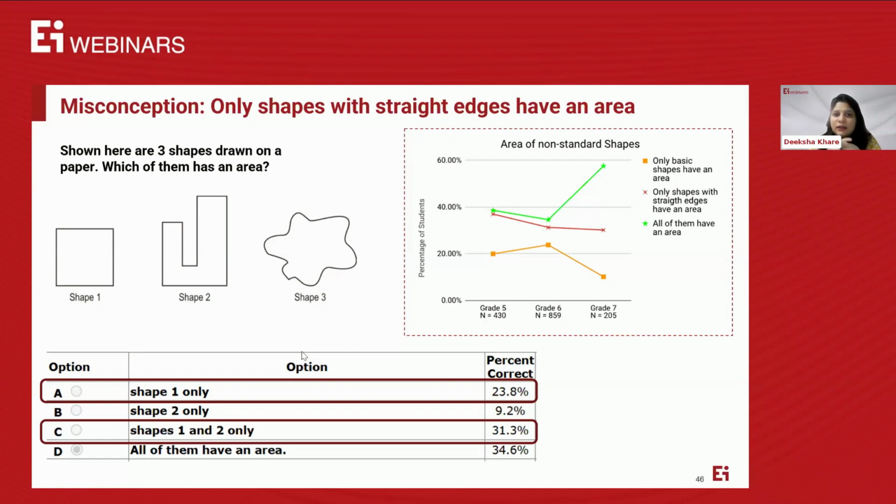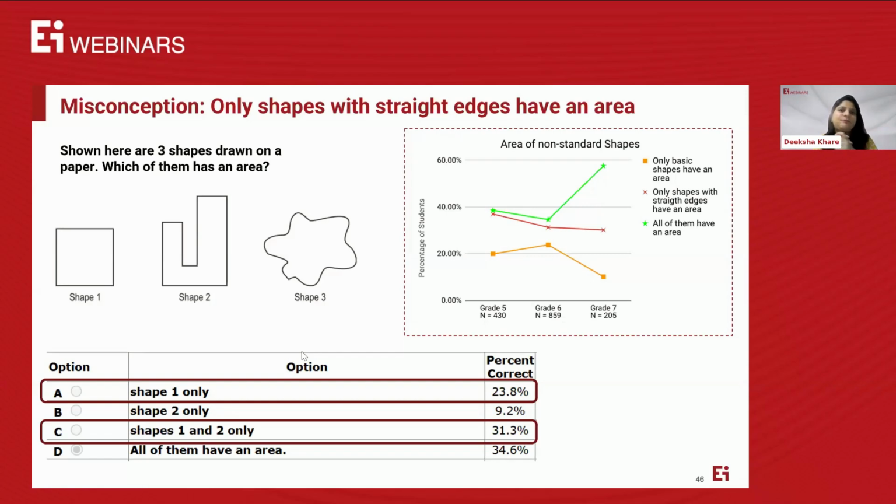Interestingly, you will see that that particular misconception has increased from 5 to 6 and then decreased in class 7. It is very interesting to see that a larger proportion of class 6 students think that only basic shapes have an area than class 5 students.